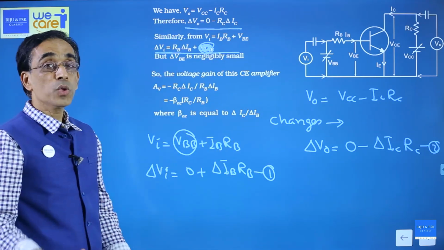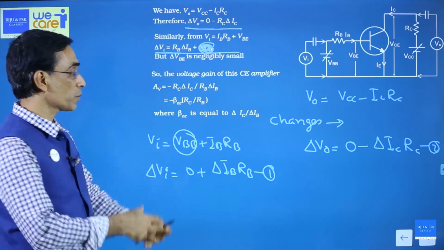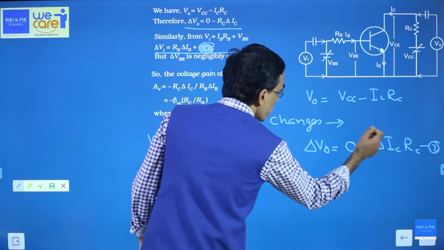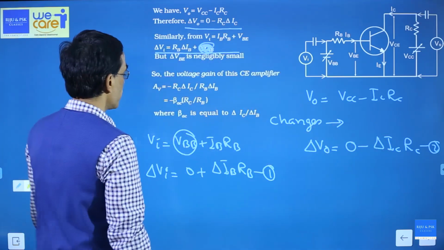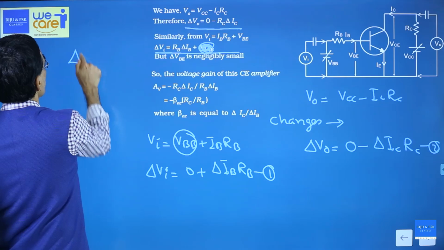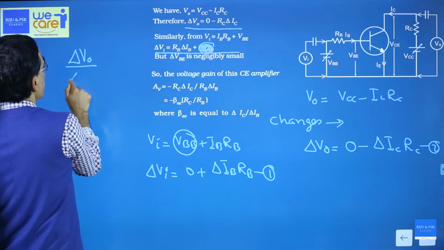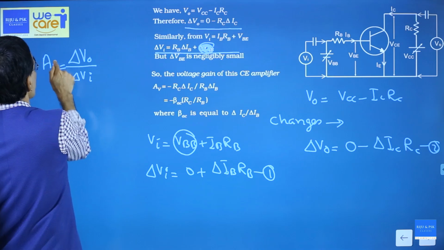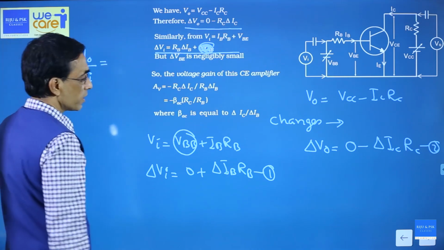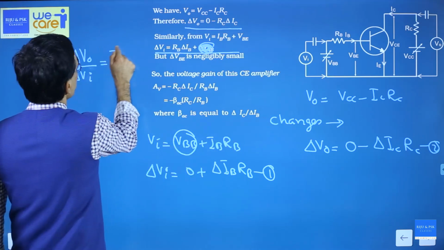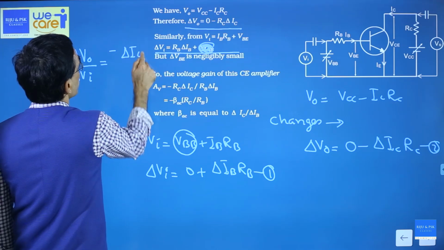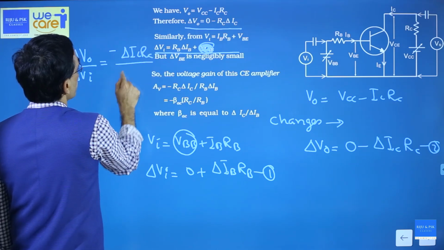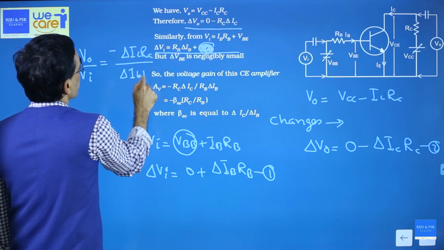Now what do you want? You want to check whether there is a change in the output voltage. You divide equation 2 by equation 1, and what will I get? Delta VO, the change in the output voltage, by the change in the input voltage. This is nothing but your voltage gain, AV, and it is given by, with a negative sign, delta IC into RC divided by delta IB into RB.